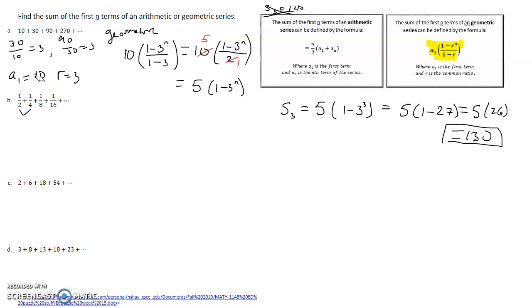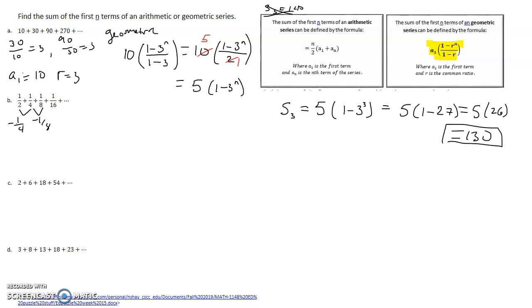All right, so let's take a look at this next one. Let's decide if it is an arithmetic or geometric series. Let's first check for arithmetic. If I do 1/4 minus 1/2, I get negative 0.25, or negative 1/4, when I subtract these two. And when I take 1/8 minus 1/4, I get negative 1/8.